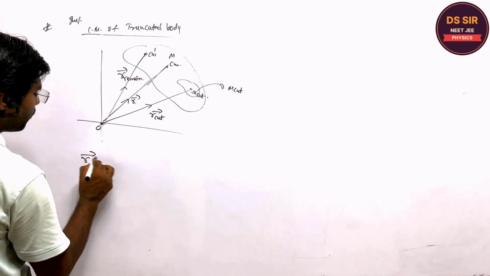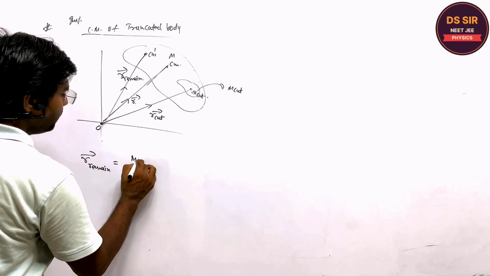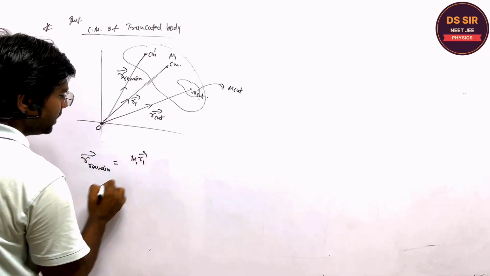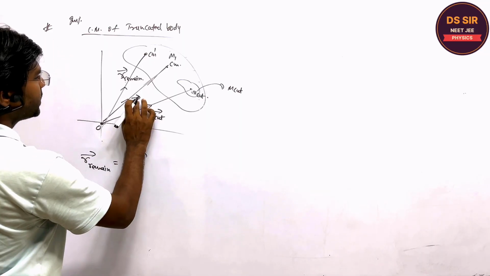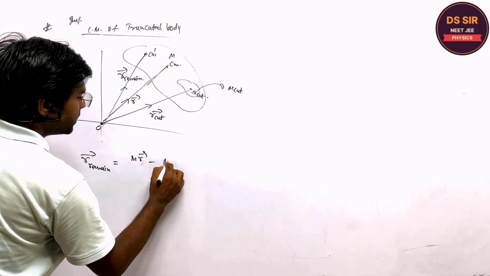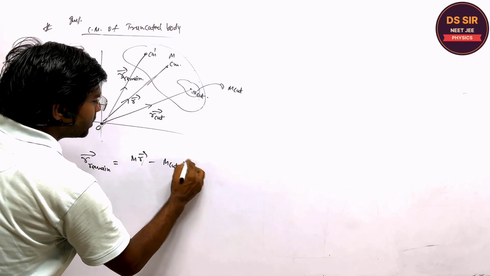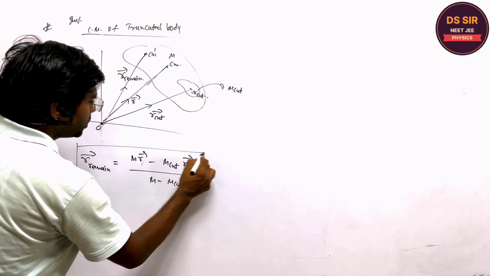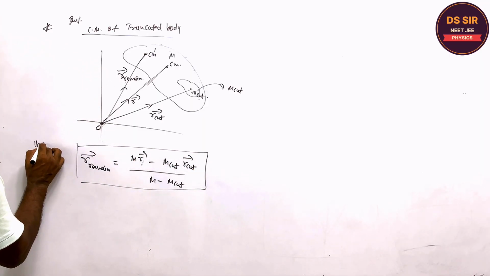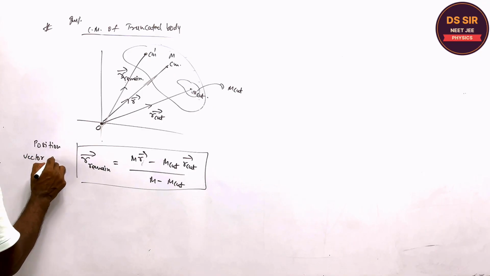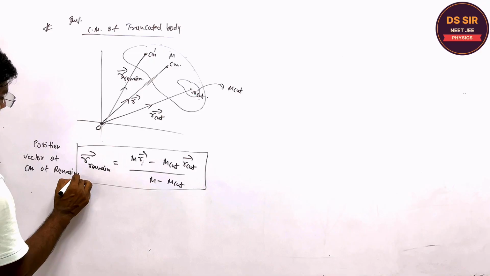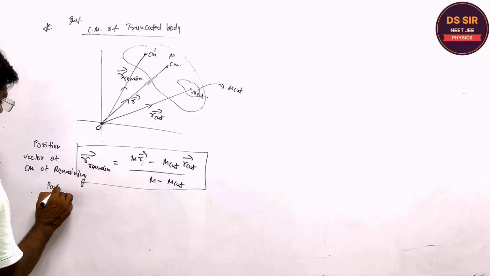The remaining portion's center of mass position is m r minus m cut r cut vector divided by m minus m cut. So this is the position vector of the center of mass of the remaining portion. Is it clear or not?